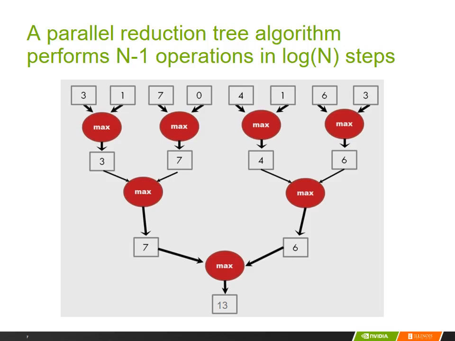At the first level, we have four parallel operations, each calculating the maximum between a pair of input elements, and we produce four output elements from these parallel reduction operations.